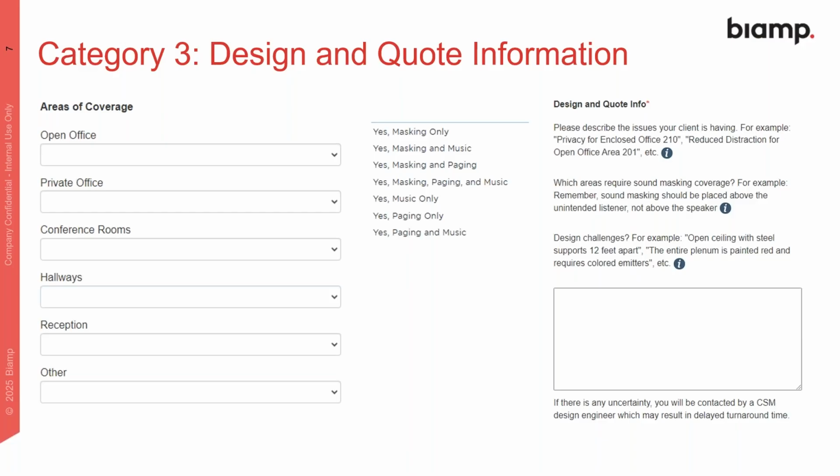And you'll notice in category 3, we have a design and quote section. And what that allows you to do is that little box, that empty box you see, is a text field that has no character limit. So if you want to say, hey, Brett, I want emitters in open office and I want indirect speakers in the private offices, that is where you can give me anything and everything that your project detail requires in that field, and it gets ingested directly to the team.